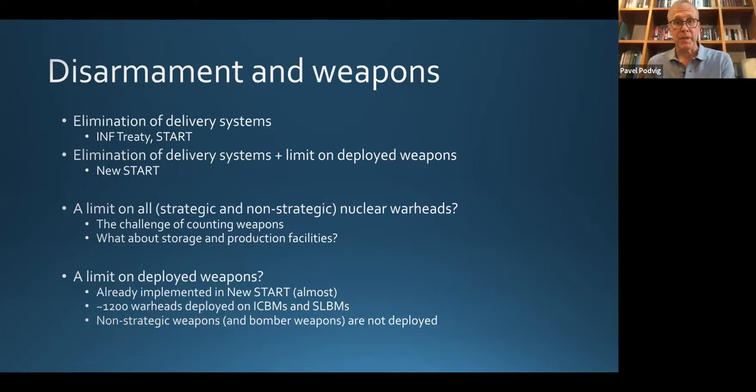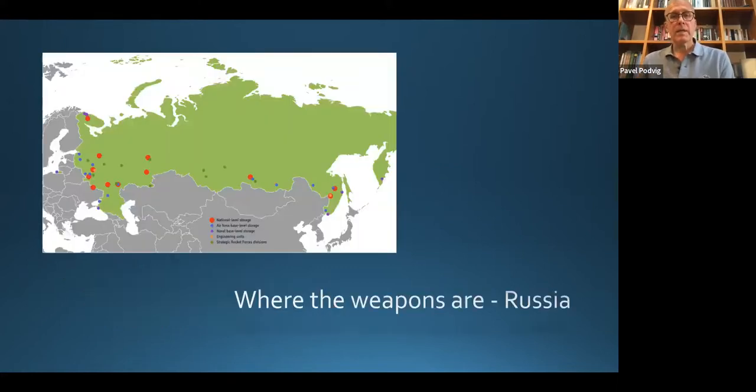What would that mean? This is a map that shows where the weapons are in Russia. There are various levels of non-deployment, if you will.